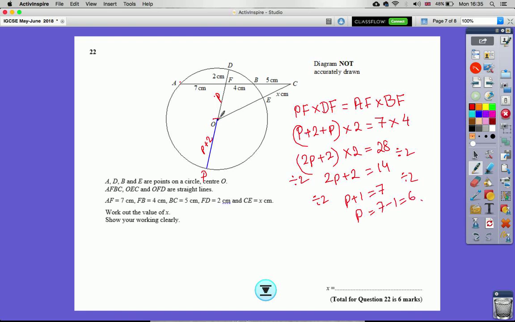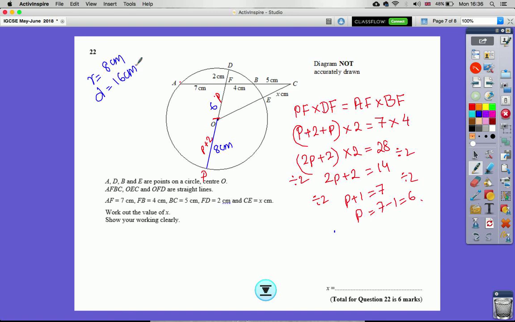So that part is 6 centimeters. So this part will be 8 centimeters. So the radius of this circle is 8 centimeters and the diameter is 16 centimeters.